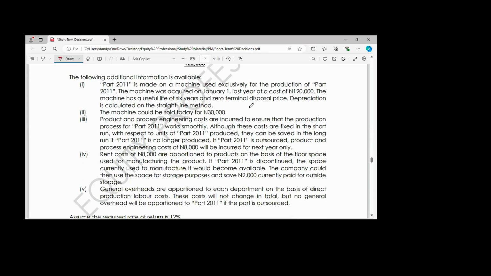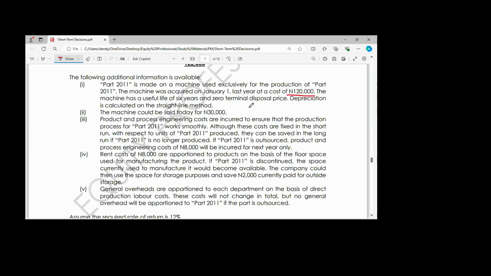Part 2011 is made on a machine used exclusively for the production of Part 2011. The machine was acquired on January 1 last year at a cost of 120,000. The machine has a useful life of 6 years and zero terminal disposal price. Depreciation is calculated on the straight line method. 2. The machine could be sold today for 30,000 naira.